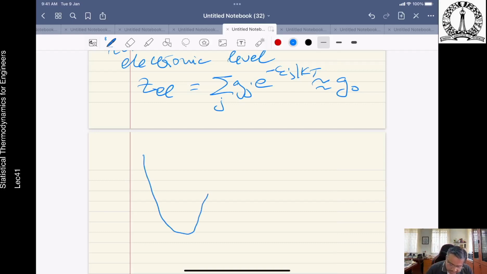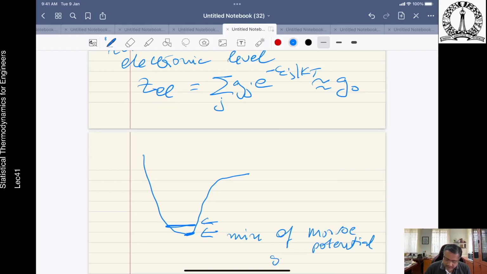So if this is your Morse potential, you can set this or you can set this. This is the zero, this is the zero. This is the minimum of the Morse potential for the ground electronic state, whereas this is the vibrational zero for the ground electronic state.